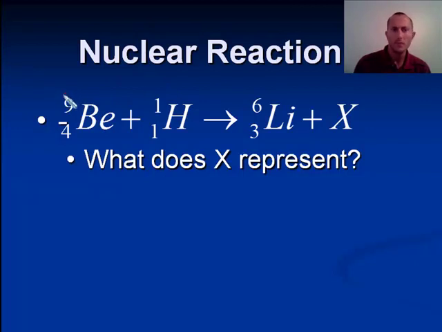So let's look at our numbers. We have a mass of 9 here, we have a mass of 1 here, so we have a total mass of 10. Over here we have a mass of 6, so the mass number of X has to be 4. Here we have 4 protons, here we have 1 proton, so we have a total of 5 protons.